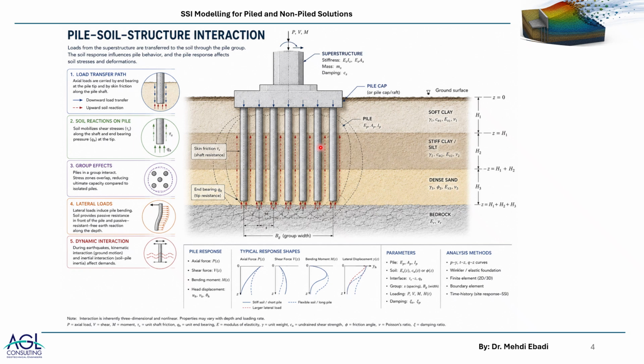When it becomes a more complicated or more realistic case where we have lateral loads, torsions, moments, those kinds of things, then analyzing this will not be as easy as, for example, a pure vertical loading.